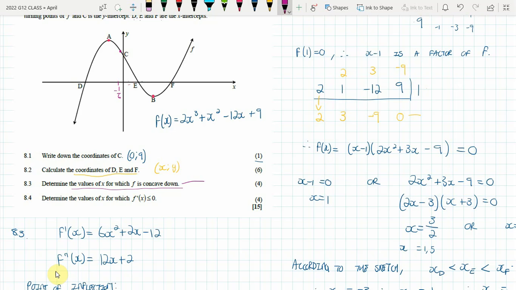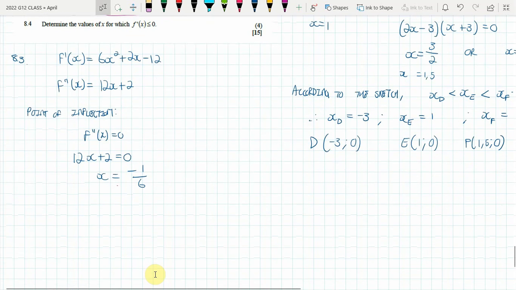So again, is the graph concave down before the inflection point or after? Before. So now, since the inflection point is where x is -1/6, what are the values of x for which f is concave down? It's negative infinity to -1/6. Yeah, you're going to do well at the test stage.